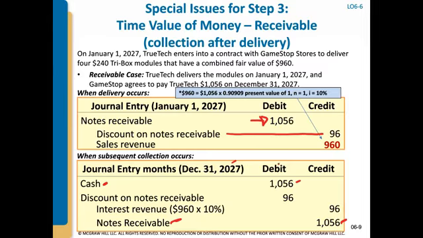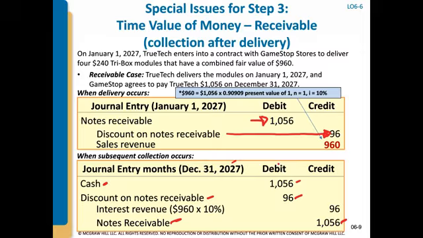They're also going to remove the discount on notes receivable that they booked for $96 on 1/1. So they're going to debit that discount on notes receivable for that full $96, because none of that discount has actually been amortized, because this is just a 1-year lag between the delivery and the payment.